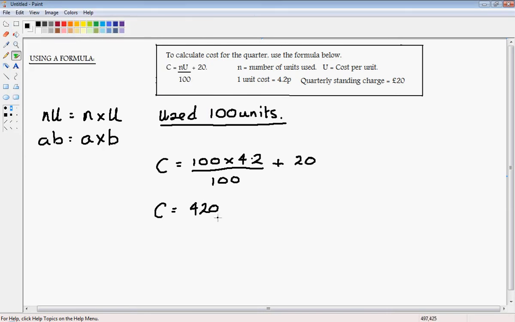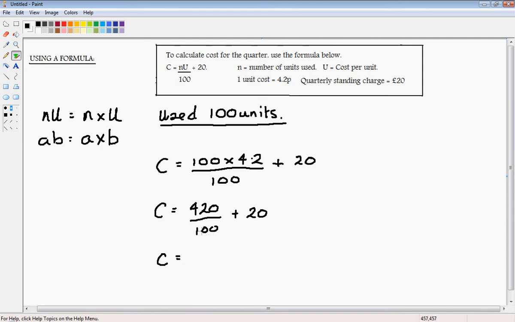Okay, so we've got 420 divided by 100, and this is going to be added to the 20.